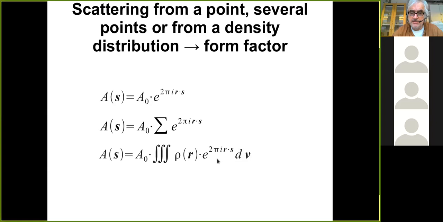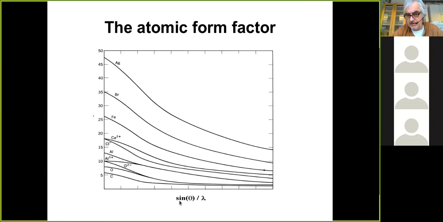So it makes sense to look at the sine of the scattering direction over lambda, and different atoms scatter differently. Here they are normalized so that the forward scattering at 0 is equal to the atomic number. So a carbon atom scatters with 6 units and oxygen with 8 units, oxygen 2- with 10 units, etc. And then the scattering falls off. We call this scattering from one atom the atomic form factor.